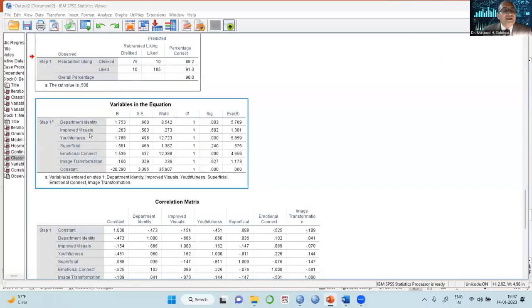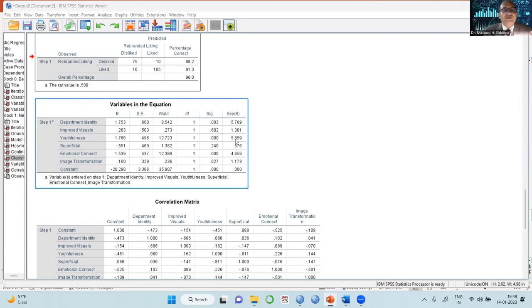Here, the departmental identity has an exponentiated coefficient of 5.7691. Youthfulness has an exponentiated coefficient of 5.859. And the third one, emotional connect, is 4.69. Here, the highest exponentiated value is youthfulness. So youthfulness is the predictor that affects liking and disliking of the logo majorly, followed by departmental identity.